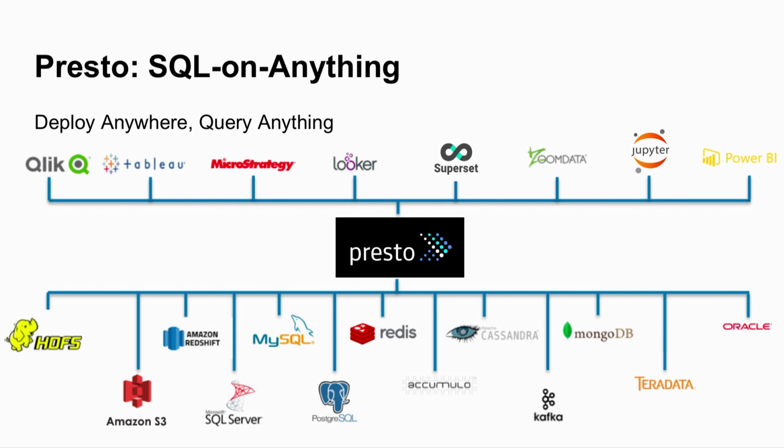You can use any BI or visualization tool that speaks SQL, such as Tableau, MicroStrategy, newer open source alternatives such as Superset, or things like Jupyter Notebook. So it's very, very versatile.